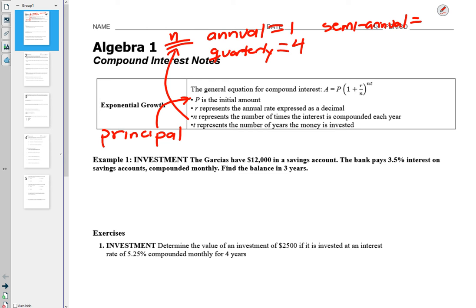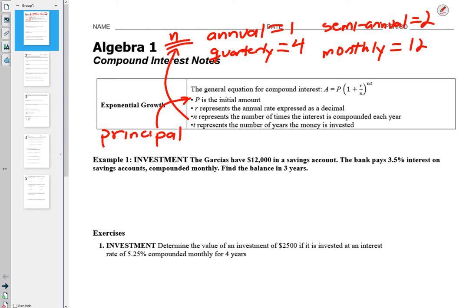Two. So semi-annual will be 2. And then another one, monthly. Monthly is 12. So those are all words that you would see that relate directly to N.